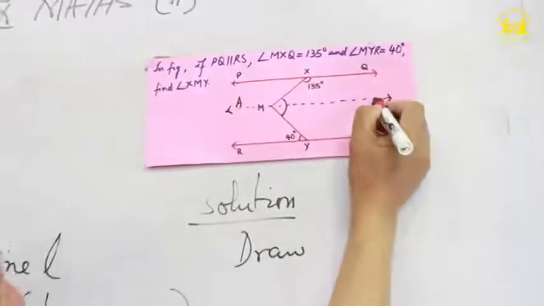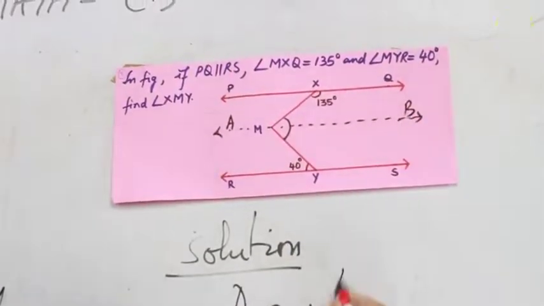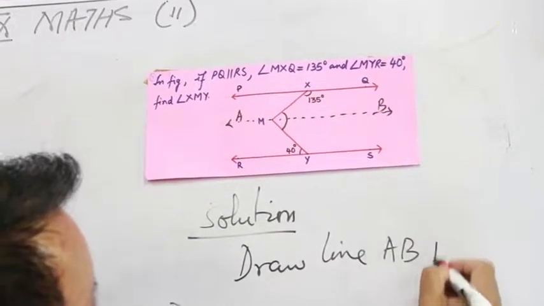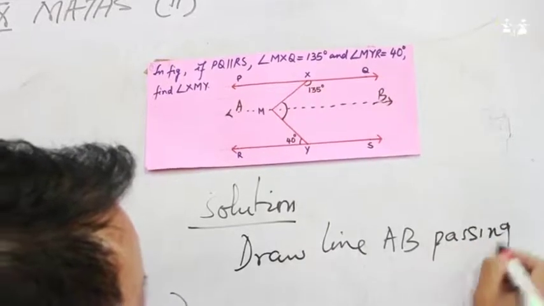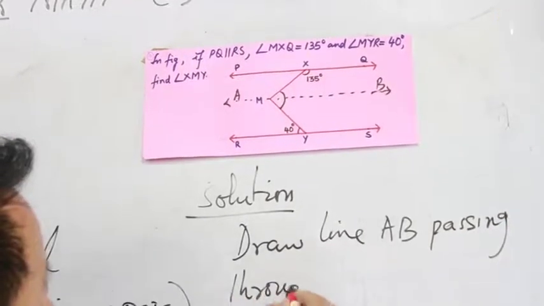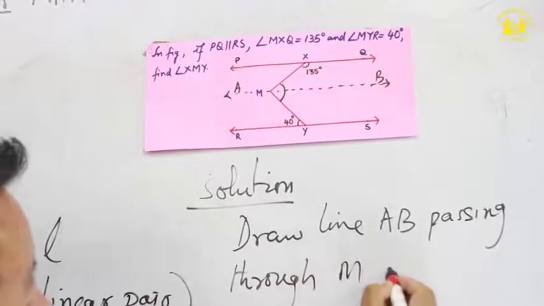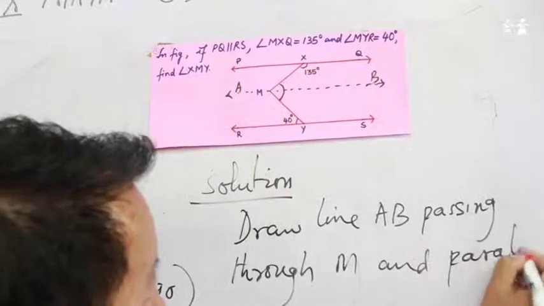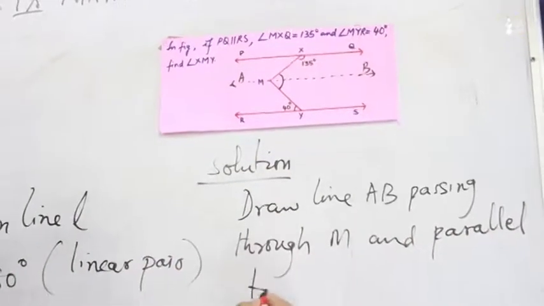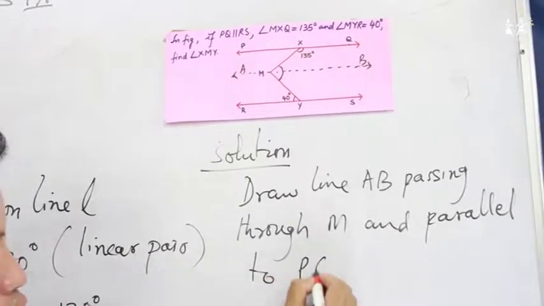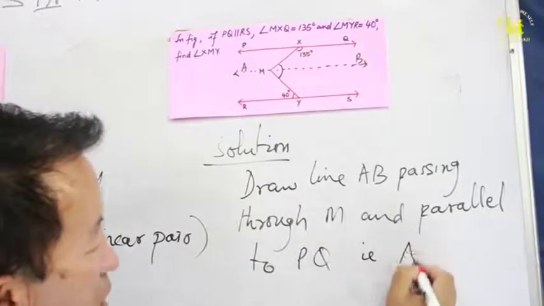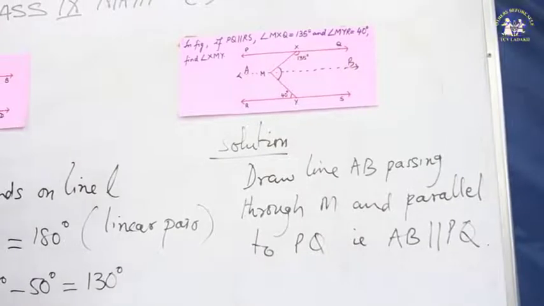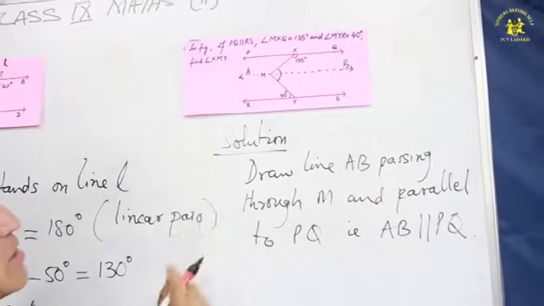Let's say line AB, draw line AB passing through M and parallel to PQ. That is, AB is parallel to PQ.